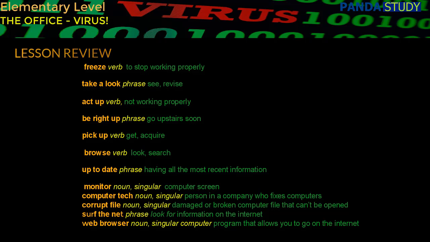Damaged or broken computer file that can't be opened. Corrupt file. Look for information on the internet. Surf the net. Computer program that allows you to go on the internet. Web browser. Now say the word and hear it in a sentence.